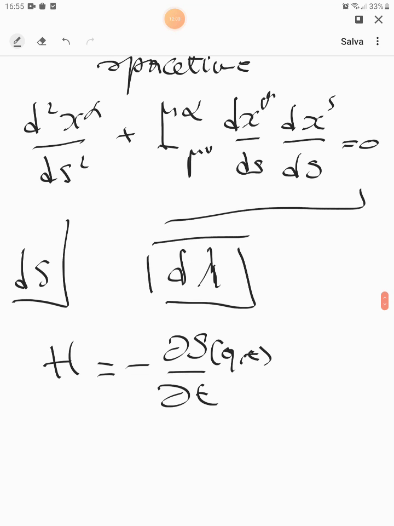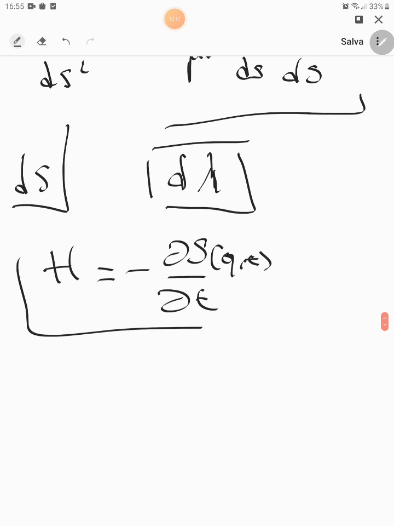The meaning of this equation is very important, and it was a mistake. I had to talk about this topic.